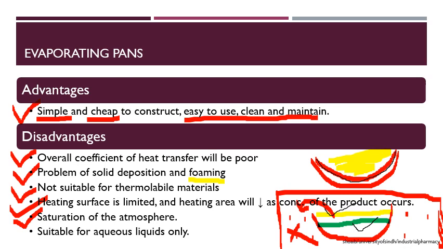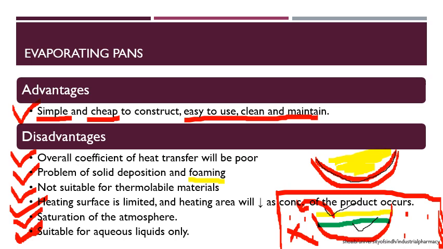Finally, it is suitable for aqueous liquids only. Why? Because in this process of evaporation, the liquid present in our substance to be dried is removed into the atmosphere and we cannot collect that liquid. For example, we have used ethanol for the extraction process and now want to dry the product in the evaporating pan.